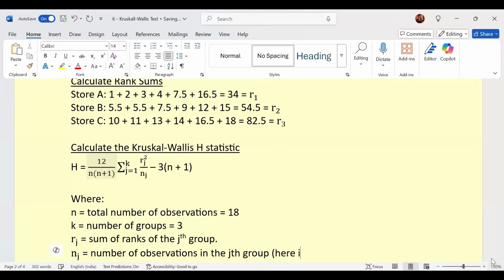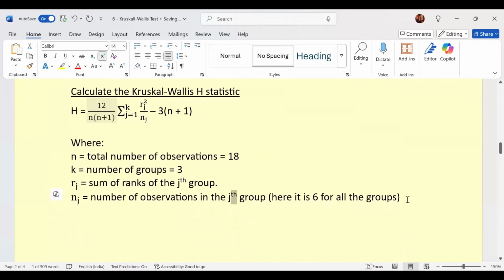So here it is 6 for all the groups. Every group has got same number of observations. That's why we say 6 for all the groups. j takes values from 1 to 3 because there are 3 groups.